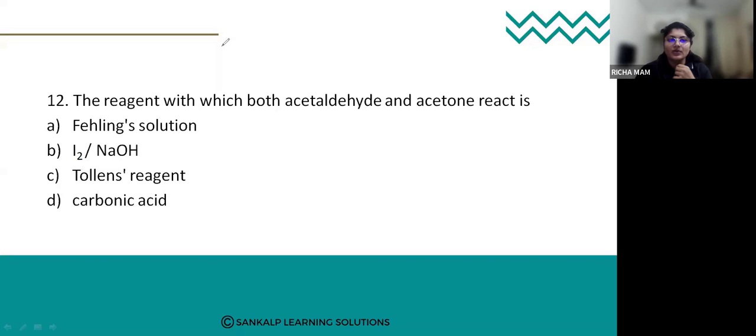Okay. So there are four options. A. Fehling solution, B. Iodine with NaOH, C. Tollens reagent, and D. Carbonic acid.